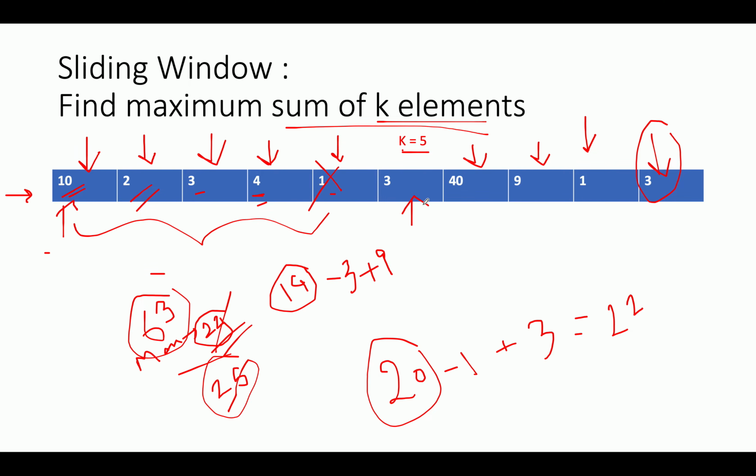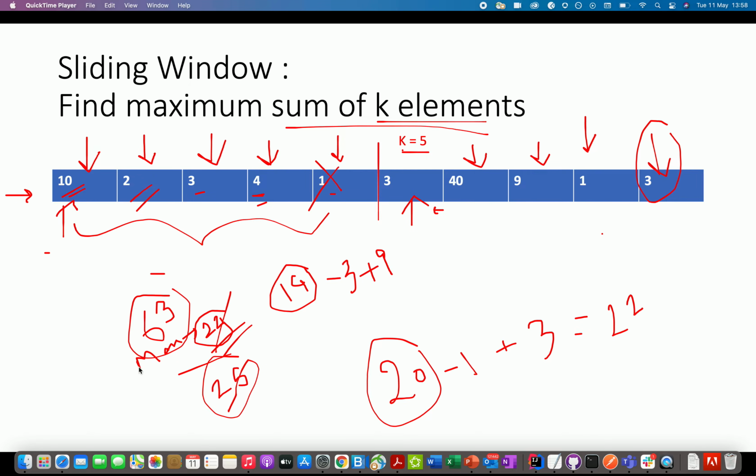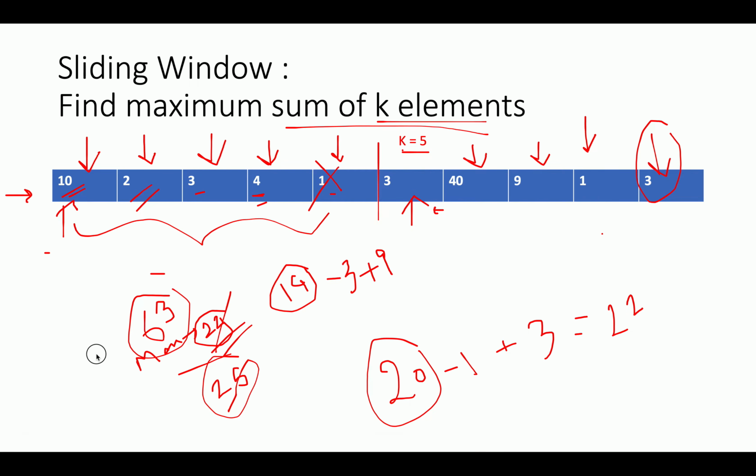The rightmost gets shifted by 1, the leftmost also gets shifted by 1, and 63 minus 10 is 53, 53 plus 3, 56. And you will observe that the maximum sum that can be generated out of this complete array, that is of size k, is 63.